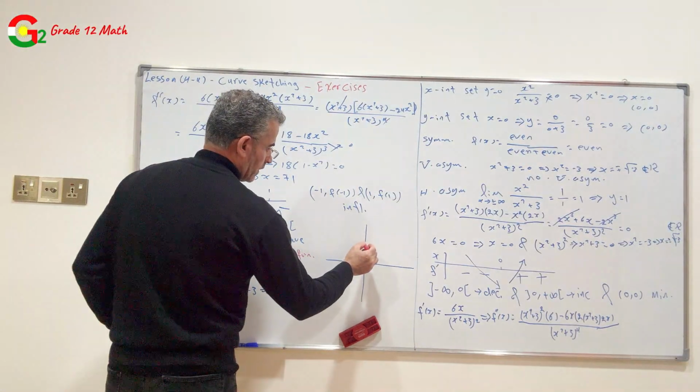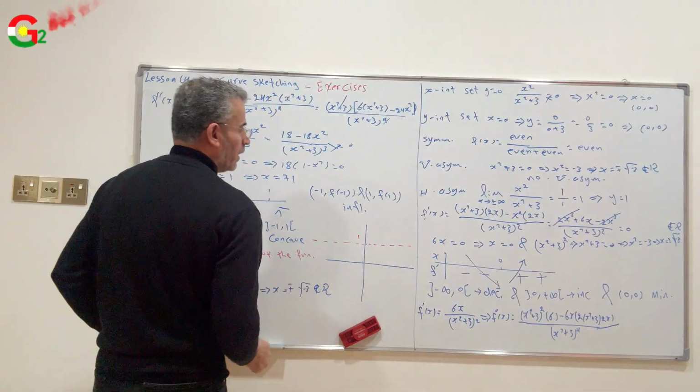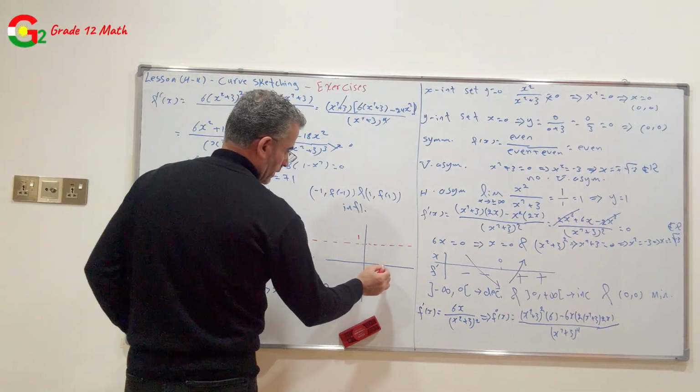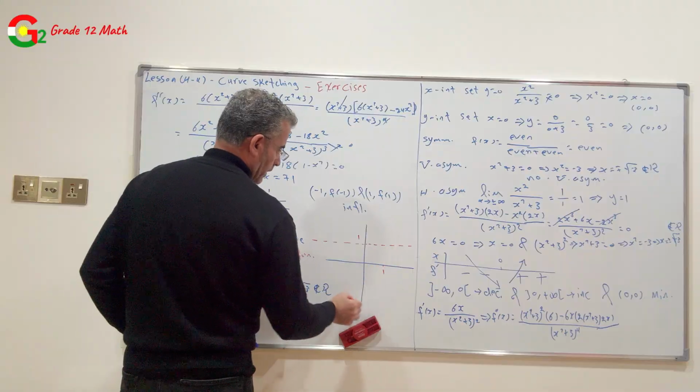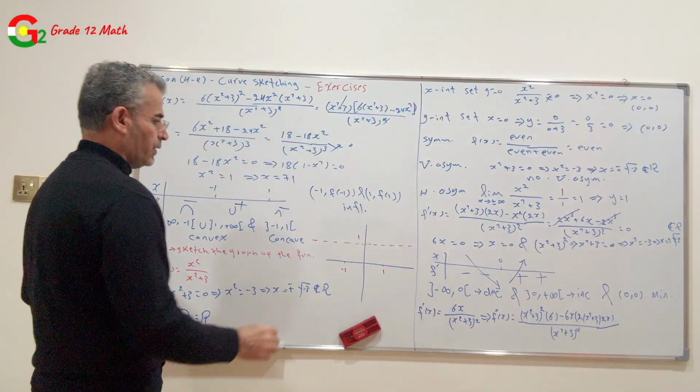The graph of this function will be like this. This is the horizontal asymptote at y equals 1, and here the function at 1 and negative 1 has an inflection point.